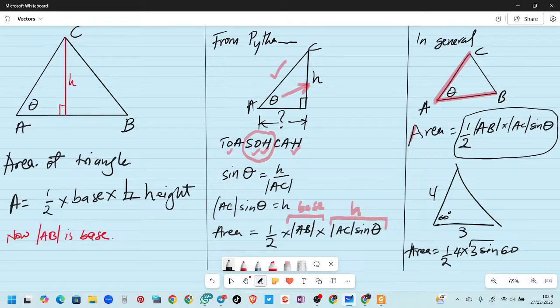Because the 3 sine 60 stands for the perpendicular height. Mind you that it can be 3 sine 60 or 4 sine, because 3 and 4 are commutative in multiplication. So it can actually be half 3 times 4 sine 60. But the sine is just standing there for the perpendicular height relative to the hypotenuse of this right angle triangle. Are we okay? Okay.